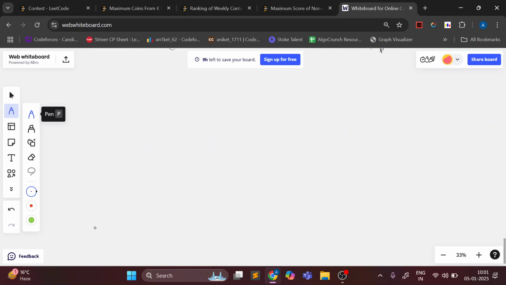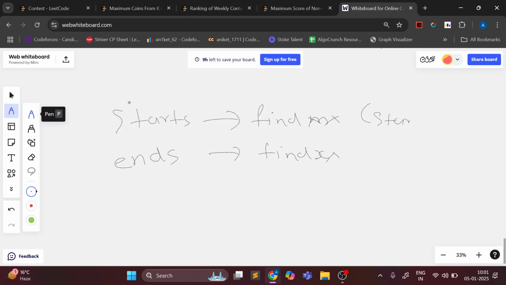So eventually, we first need to iterate over all the start integers of our intervals and find the score for that, and we need to iterate over all the interval ends and find the score for that. So this is where it starts and this is where it ends.